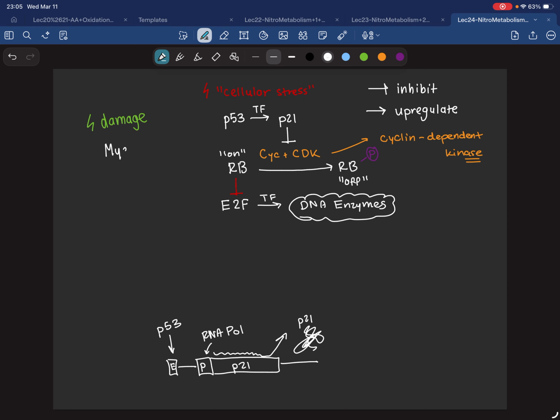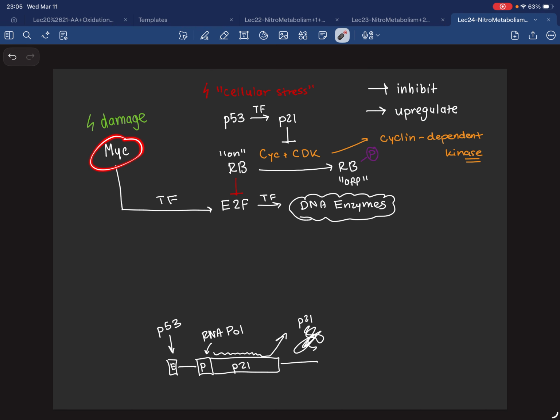Myc, or Mick, whatever you like, is activated in this case, and it is just a transcription factor for E2F. Remember, we said transcription factors upregulate. So Myc is the transcription factor for the gene that makes E2F, which means that E2F is made whenever Myc's around. Makes more of this.